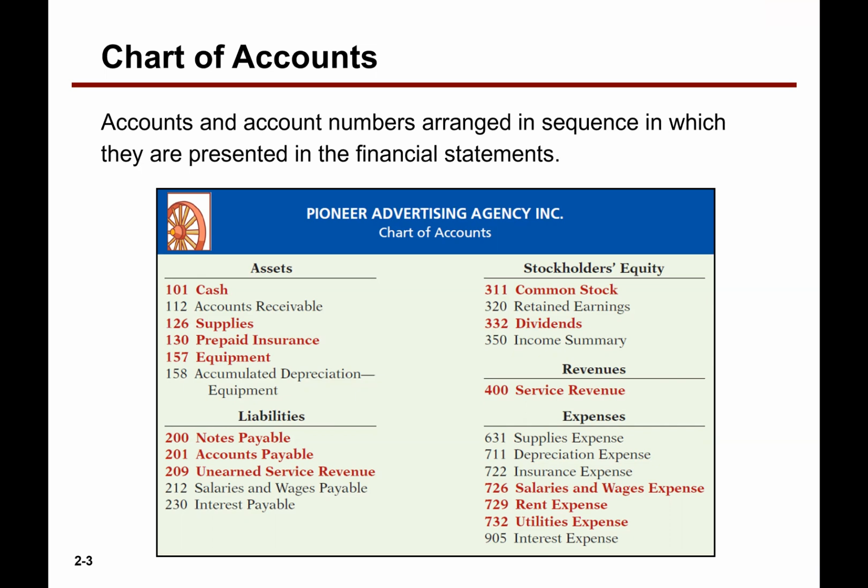Beginning balance of retained earnings plus our net income minus the dividends gives us the ending balance. Year one's ending balance becomes year two's beginning balance, and so on. So retained earnings is really the history throughout the entire company of what our net incomes have been year over year minus any dividends year over year. So that's why we put those two accounts there under stockholders' equity.